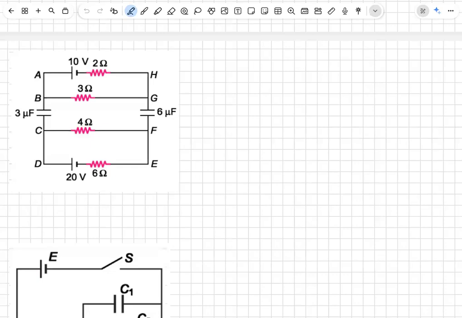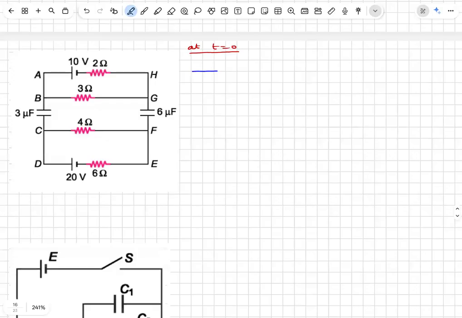For example, if they ask you at t is equal to 0, what will happen is that the capacitors become conductors.